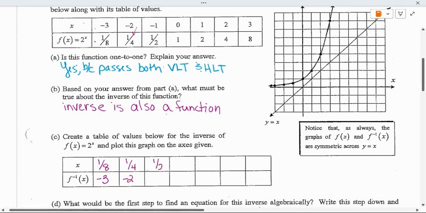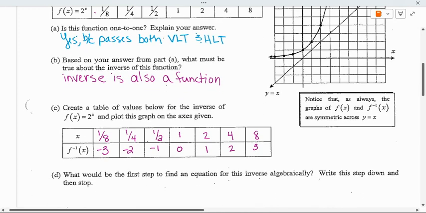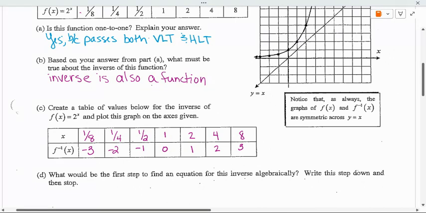X is now 1/2 and y is -1. X is now 1 and y is 0. X is 2 and y is 1. X is 4 and y is 2. X is 8 and y is 3. All I did was took each ordered pair and changed the x and the y. That's it. Okay?